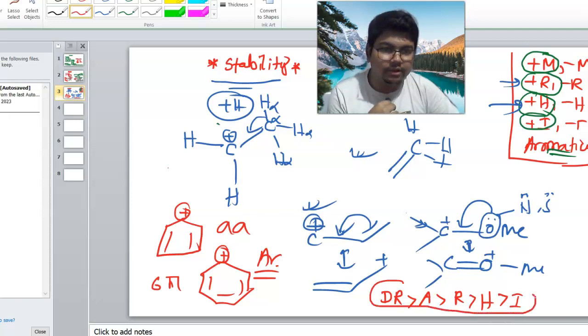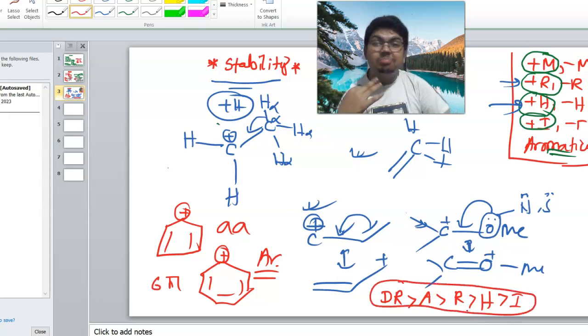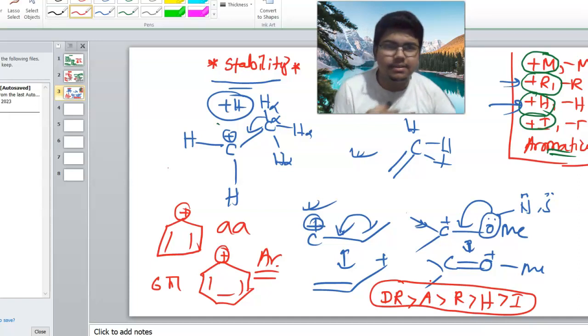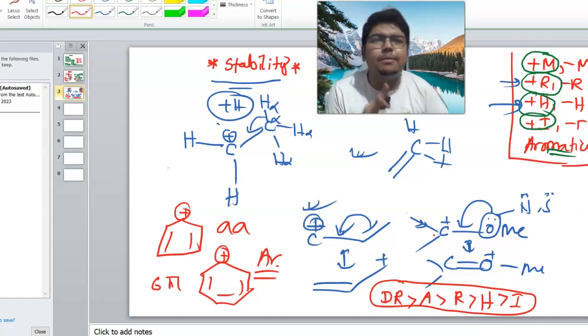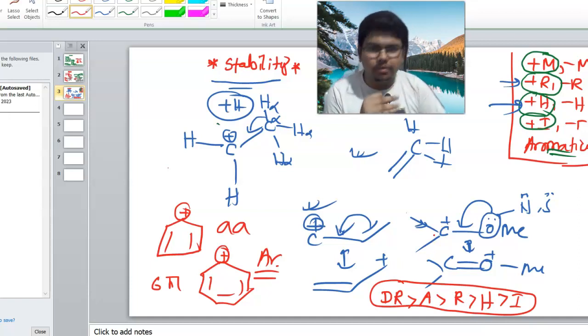This will be the order, but there are slight competitions in it. Sometimes more aromaticity or more resonance or more hyperconjugation may dominate over fewer resonance. We are going to discuss all of them with different examples in the upcoming videos. In the next video we will be discussing relative comparison with all types of examples, and all your queries will be clarified. So these are the stability criteria.